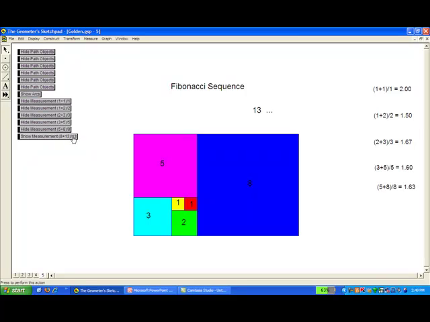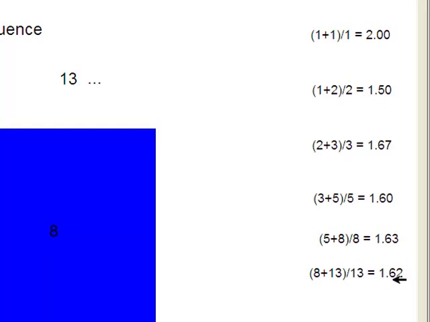We could carry this on, but I'm running out of space. Now the next one would be 13 by 13. And we find that its ratio would be 8 plus 13 over 13, which is 1.62. Now notice, we're getting closer and closer to the golden ratio. In fact, if we kept this up infinitely, the limit would be the golden ratio.